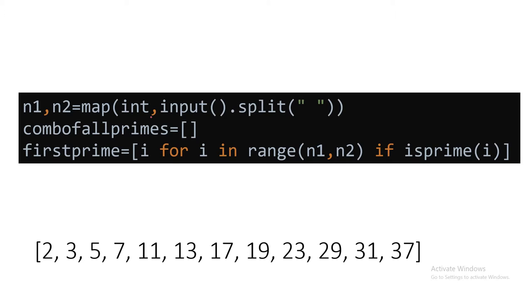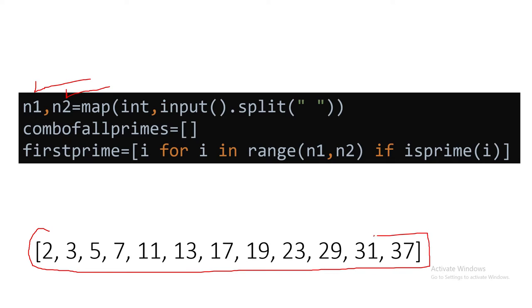We'll get the first number 2 and the second number 40, and use these variables. Now we have to generate the first prime list, where all the prime numbers from 2 to 40 will be there, not including 40, so we can take range till 40.